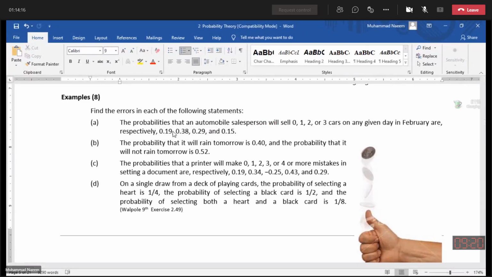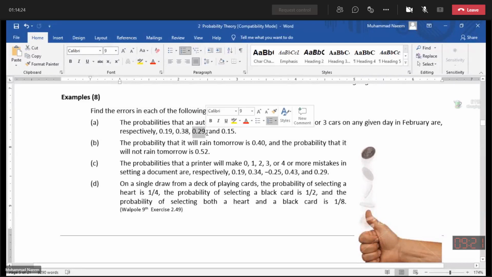To sell 1 car, the chance is 0.38, to sell 2 cars 0.29, and the probability to sell 3 cars 0.15. What is the error? This total probability must be equal to 1, not exceeding 1. So this will be the error. This sum is exceeding 1.